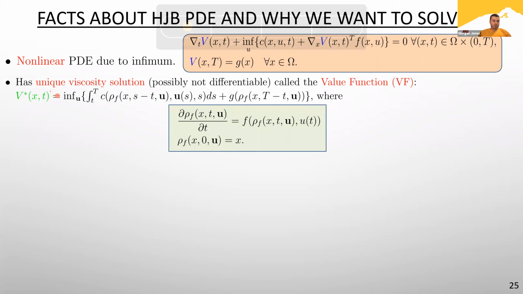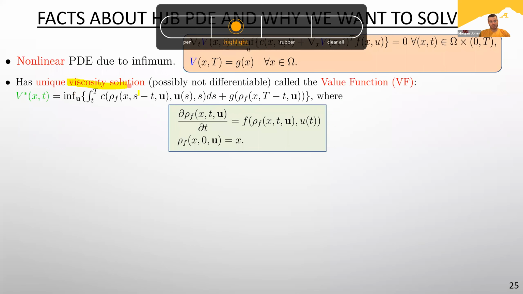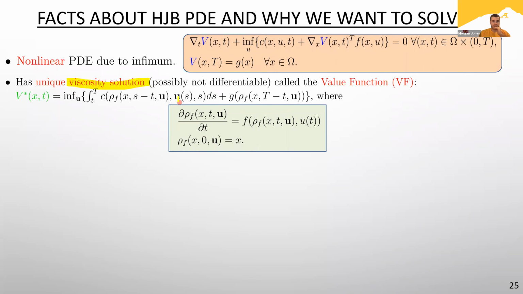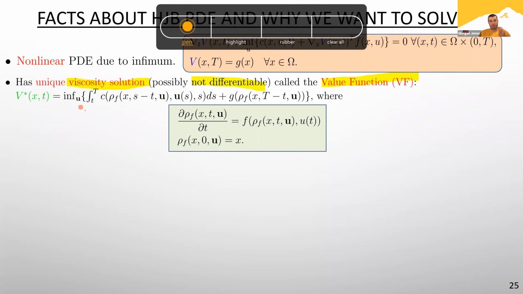It can be shown that there's a unique solution to this PDE, but this is a viscosity solution. So this is a generalization of the classical solution. And this means that this solution might not be differentiable. Solutions to the HJB PDE we call value functions. And value functions intuitively are the optimal cost to go of the tail problem.